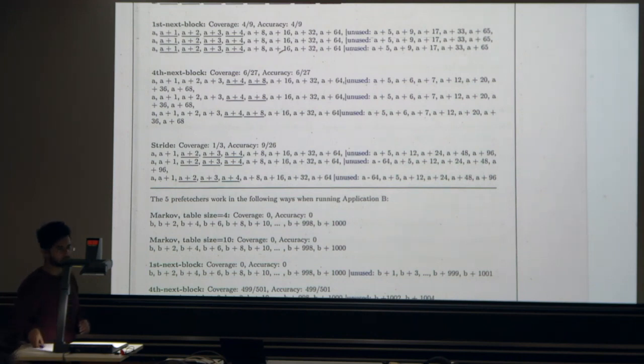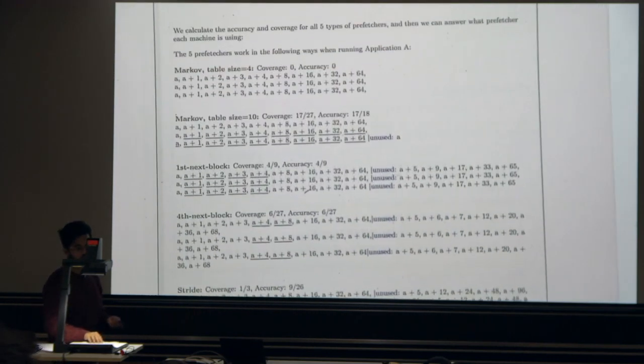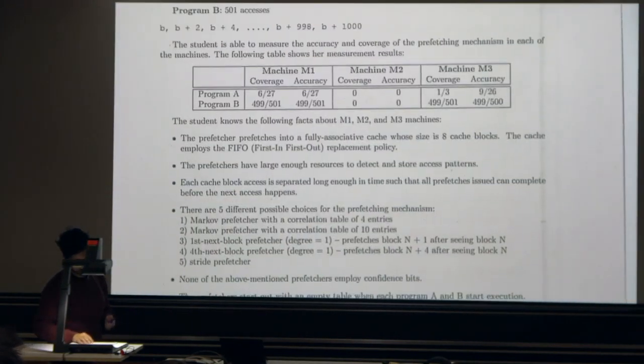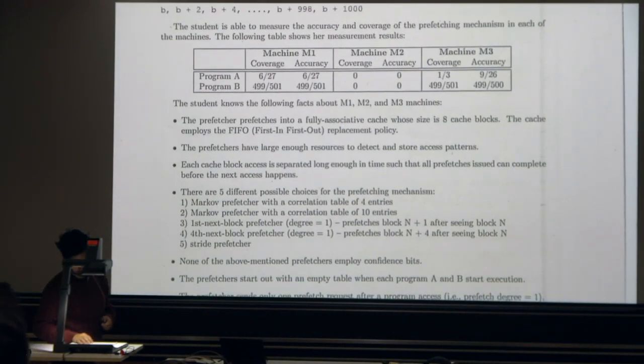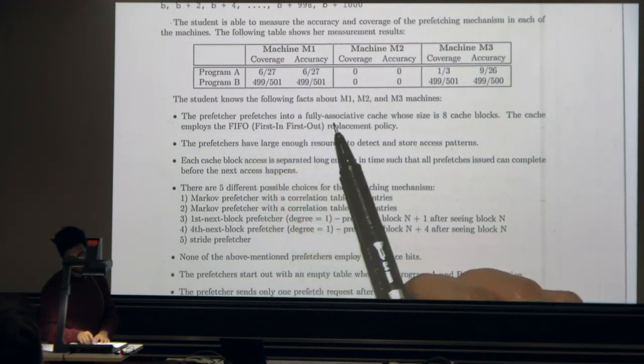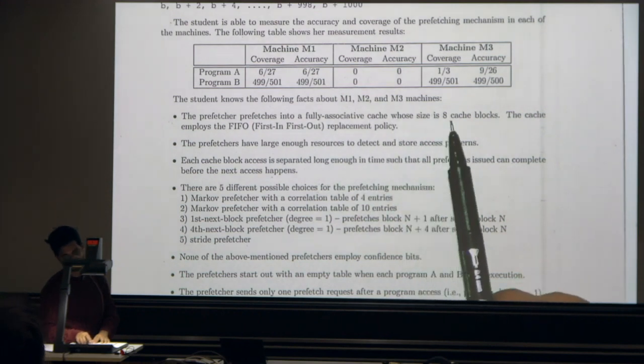But how long does A plus 4 actually stay ready in the cache? Well, in the ideal scenario, yes, it depends on the cache. But as we have said here, the prefetches go into a fully associative cache whose size is 8 cache blocks.